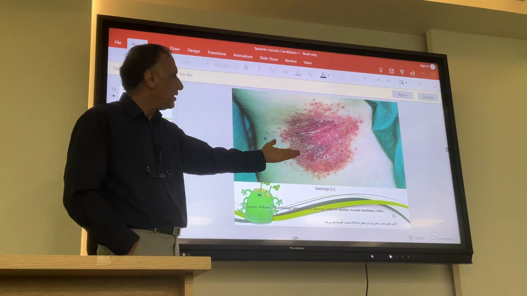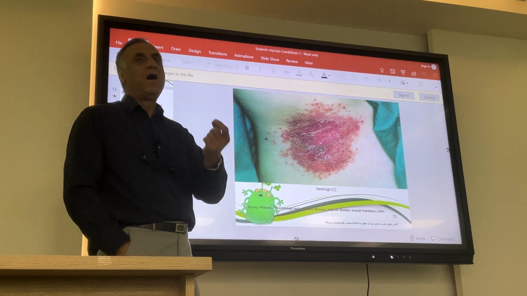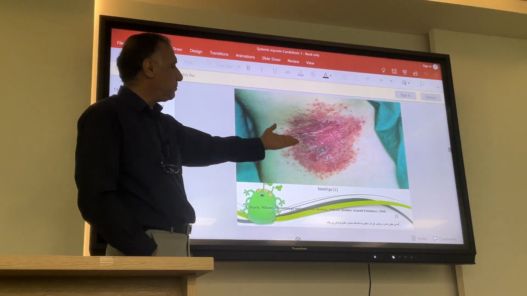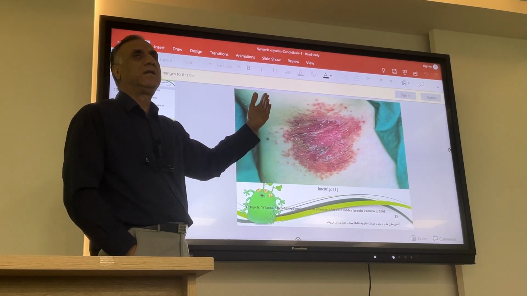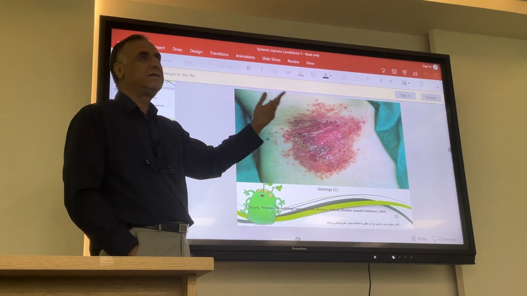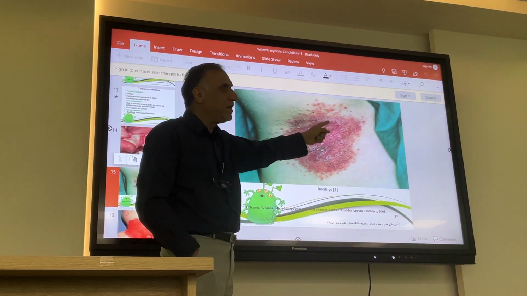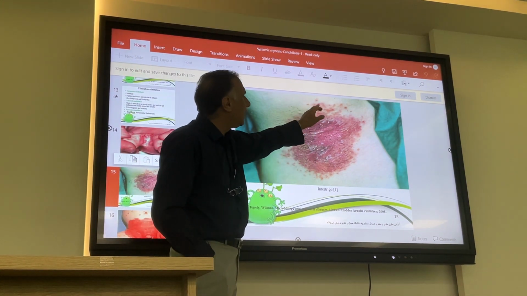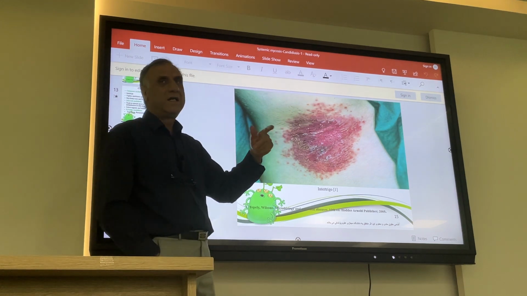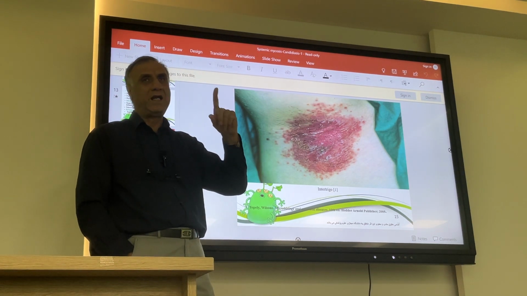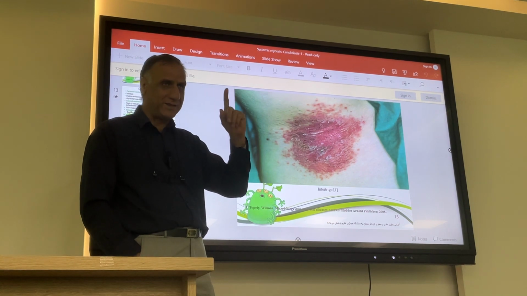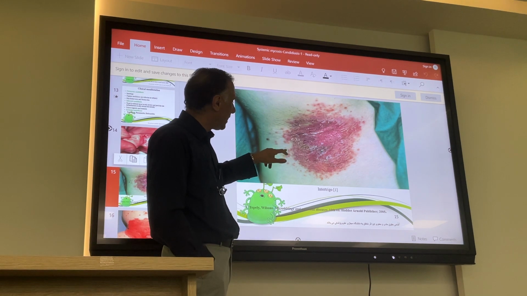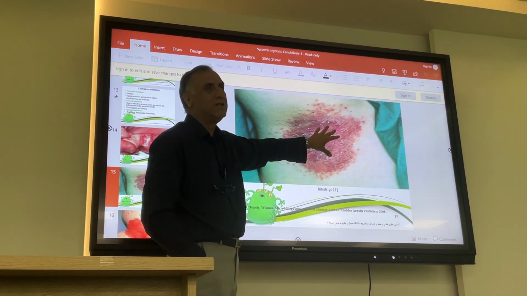In candidiasis, you can see the lesion of candidiasis in skin, especially in submammary, in groin, in axilla: inflammation and redness, and satellite lesions, satellite rash, around the main lesion.